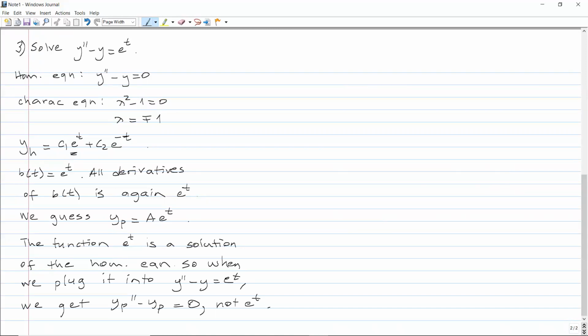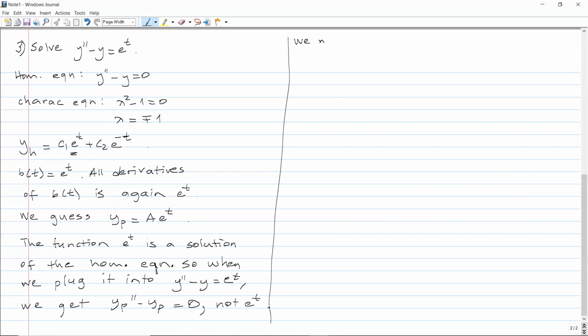Okay, so this equation is the homogeneous equation. So that means any multiple of e to the t cannot be a solution of the original equation. So what do we do in this case?